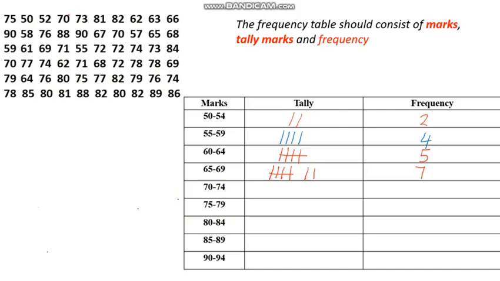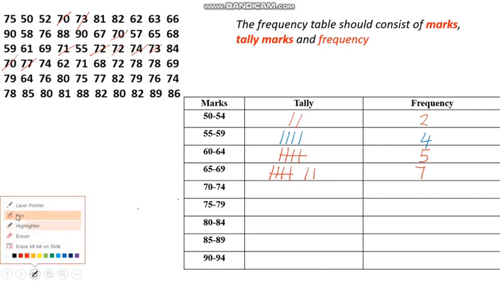So here we have 71, 2, 3, 4, 5, 6, 7, 8, 9, 10. So 70 to 74. This one we don't need.